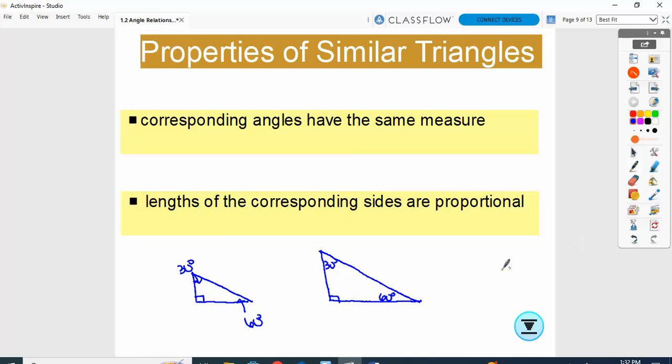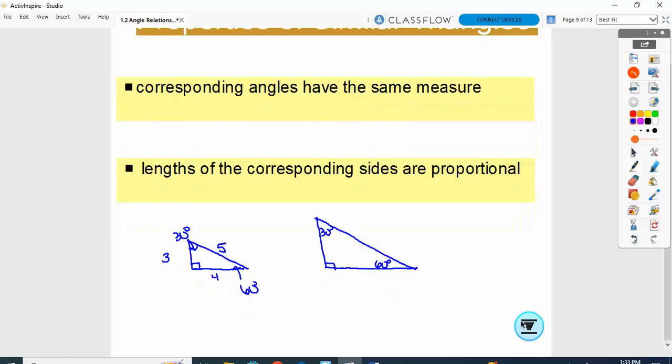So if I took two triangles like this, these are both triangles with the same angles, 30, 60, and 90. If I put measurements on these, and this is just made up, not to scale or anything. If I said that this side was 10, could you tell me what these other sides were?